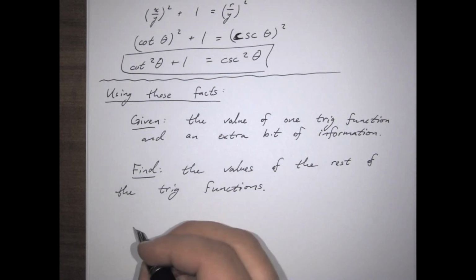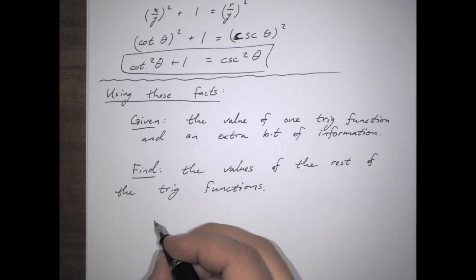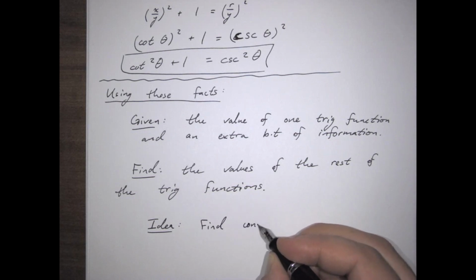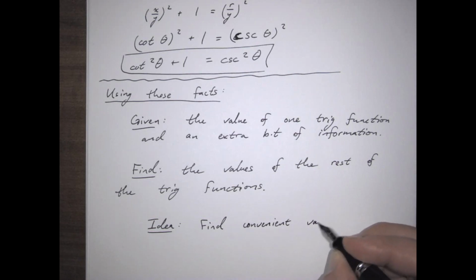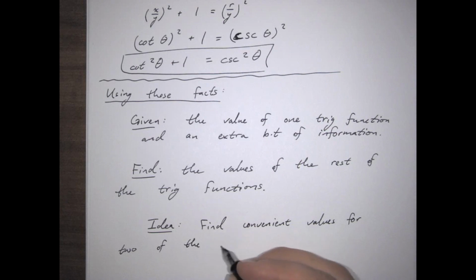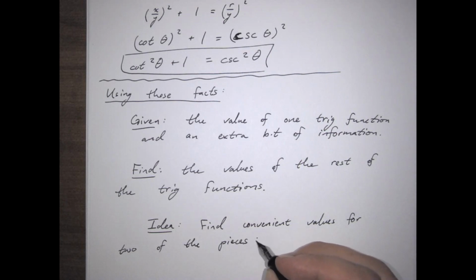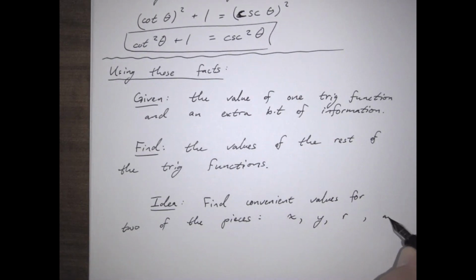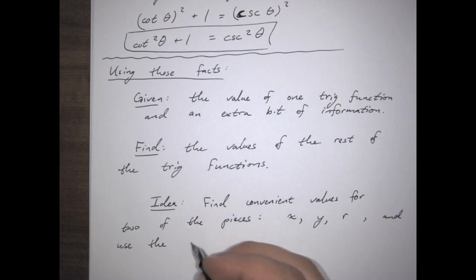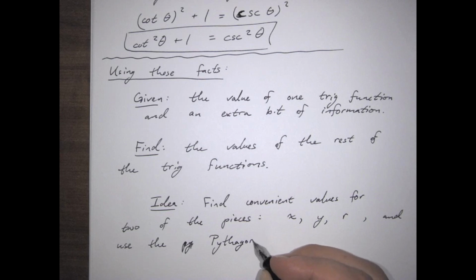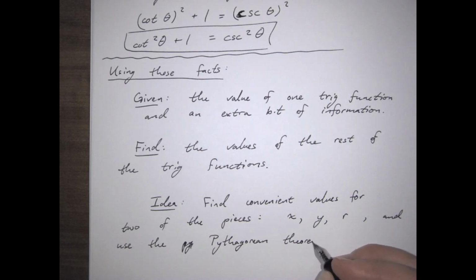All right, and the way we'll do this. So the basic idea is find convenient values for 2 of the pieces x, y, r, and use the Pythagorean theorem to get the other value.